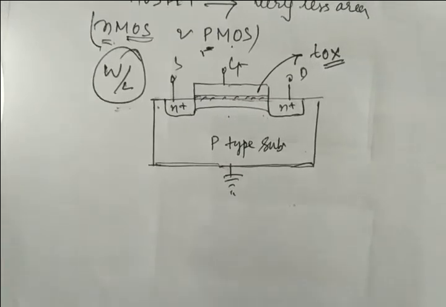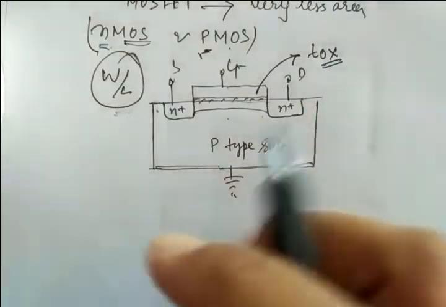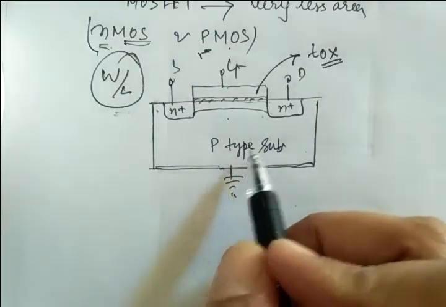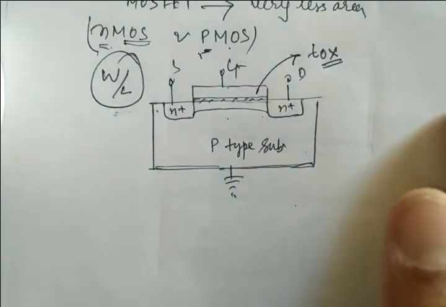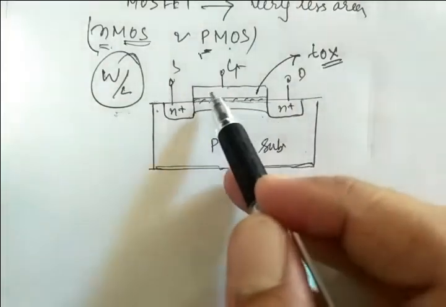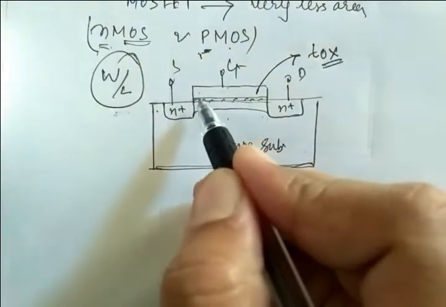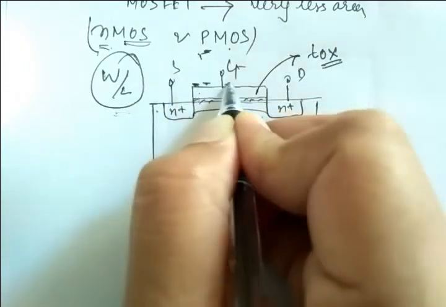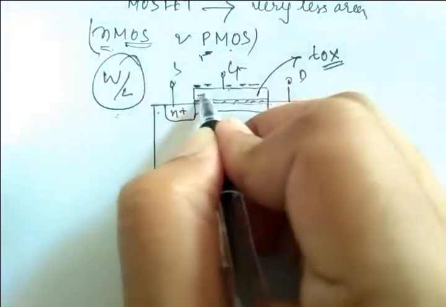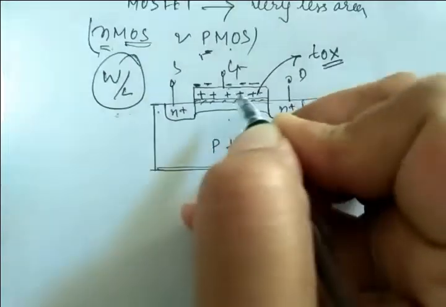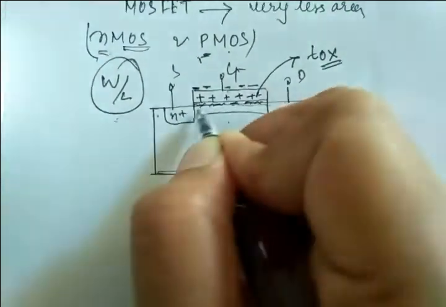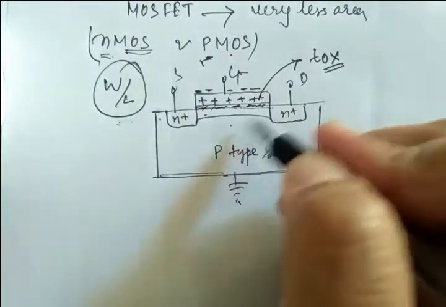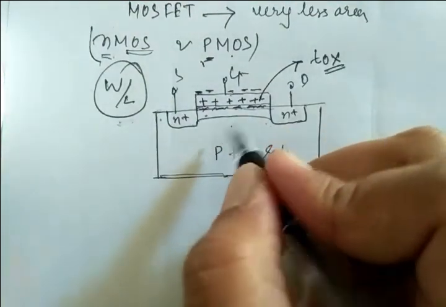One more thing: if we want to turn on this P channel MOSFET, we all know that you have to apply a negative voltage, because of a capacitive effect. If we apply negative voltage, due to the capacitive effect a positive charge will be induced. Wait, there is a mistake.